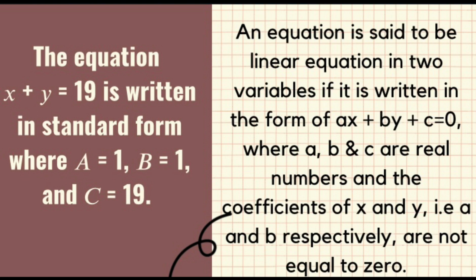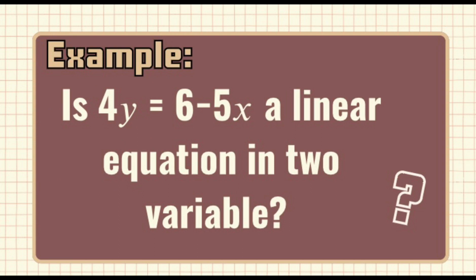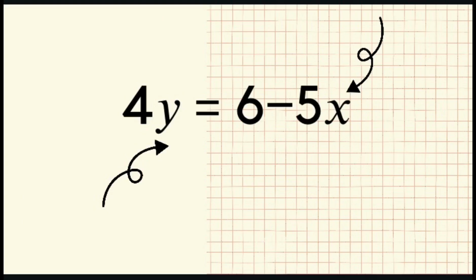A linear equation in two variables is written in the form ax + by = c, where a, b, and c are real numbers, and a and b, the coefficients of x and y respectively, are not equal to 0. The equation 4y = 6 - 5x is a linear equation in two variables because, first, it has two variables x and y.